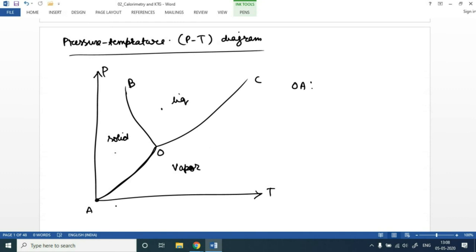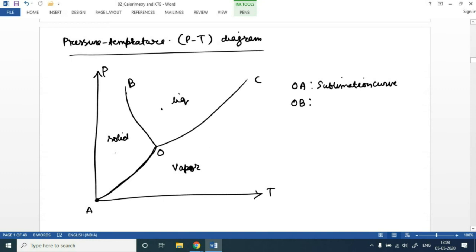At 100 degrees Celsius, 1 atm pressure, vapor and liquid were coexisting. So OA is the line where solid and vapor coexist, and that is known as the sublimation curve.